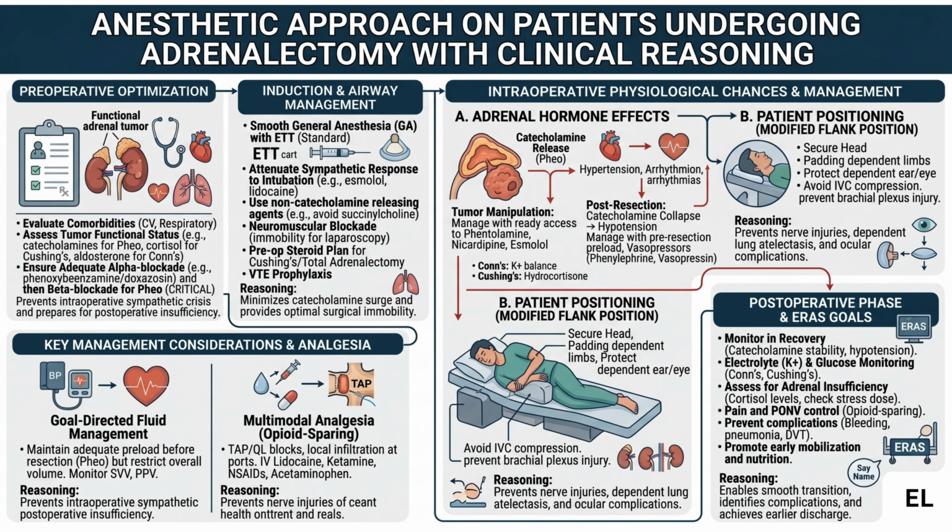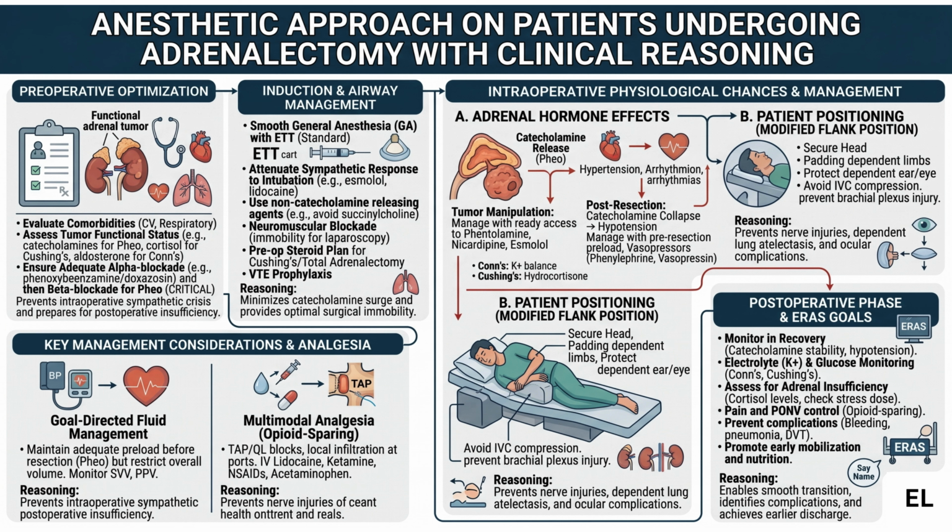Plasma catecholamines or metanephrines are evaluated for pheochromocytoma, cortisol levels for Cushing syndrome, and aldosterone with potassium levels for Conn syndrome. Among all adrenal tumors, pheochromocytoma requires the most meticulous preparation because intraoperative catecholamine surges can be life-threatening.